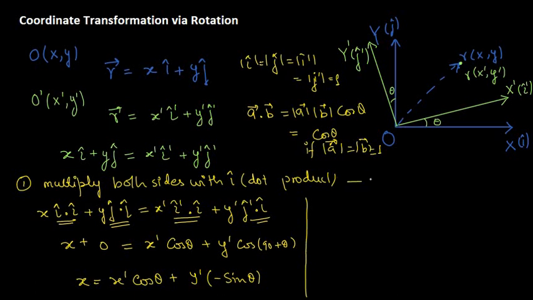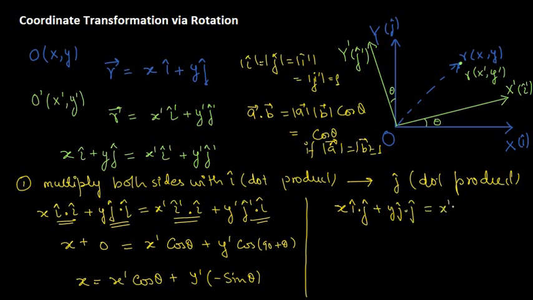Similarly, you multiply with j and take the dot product. So this is x i cap dot j cap plus y j cap dot j cap is equal to x prime i prime dot j cap plus y prime j prime dot j. Okay, so this is equal to 0, and this is equal to y is equal to x prime.